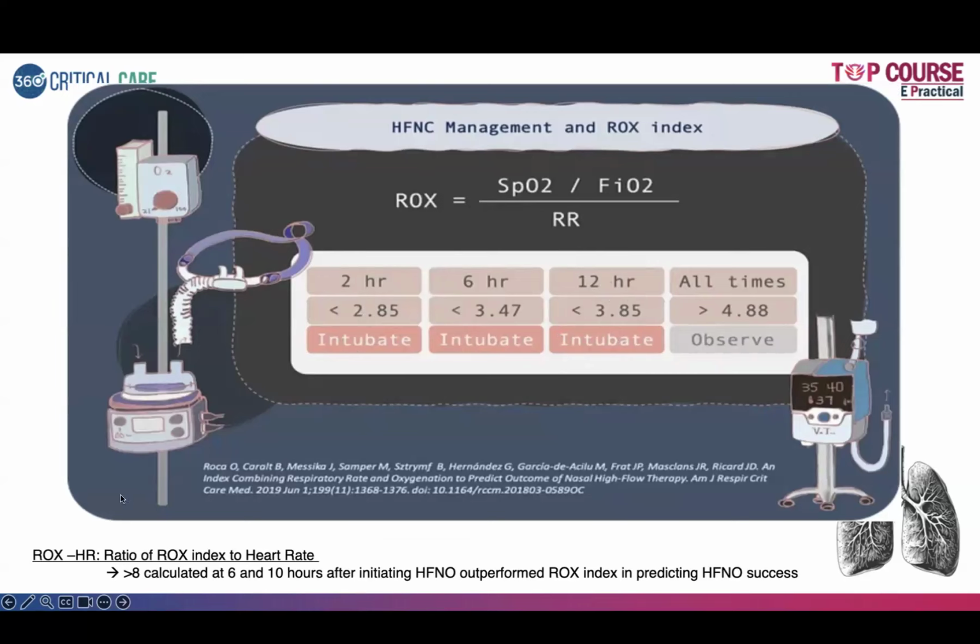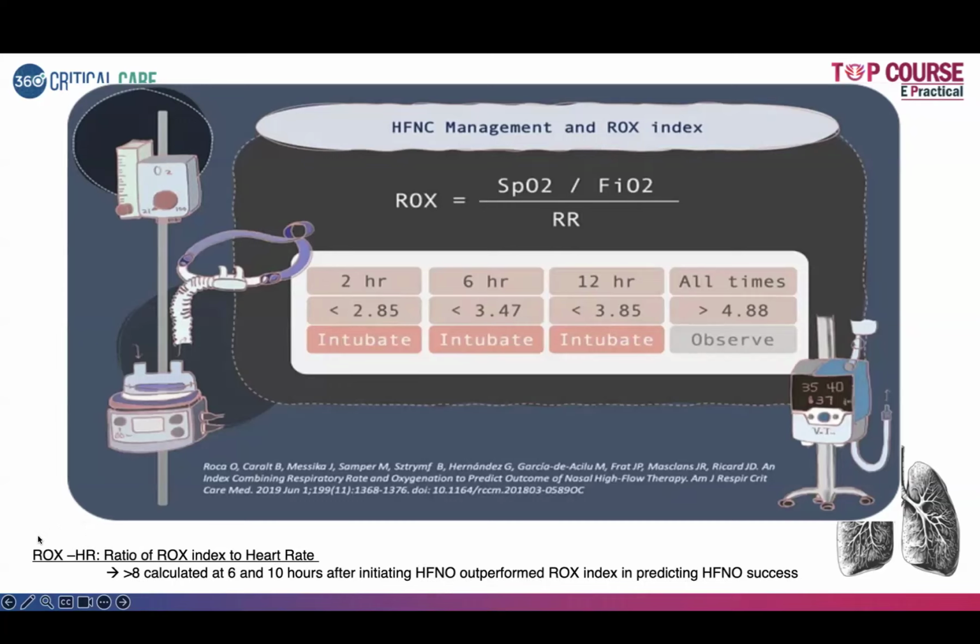Then you have something called the ROX-HR, that is the ratio of the ROX index to the heart rate. So if it is more than 8, calculated at 6 and 10 hours after initiating HFNO, it was very much superior to ROX index in predicting HFNO success. All right.